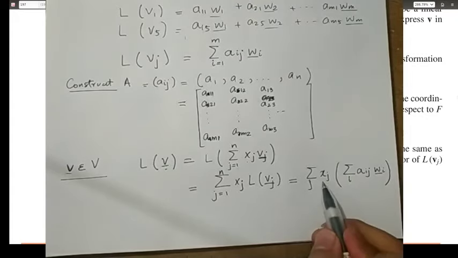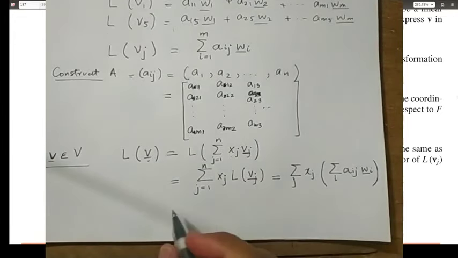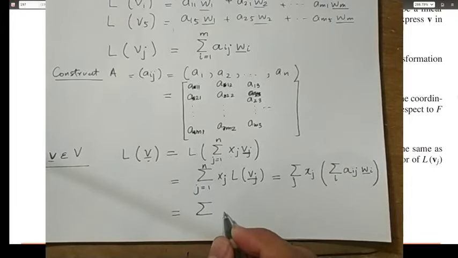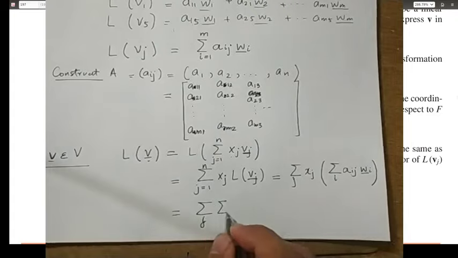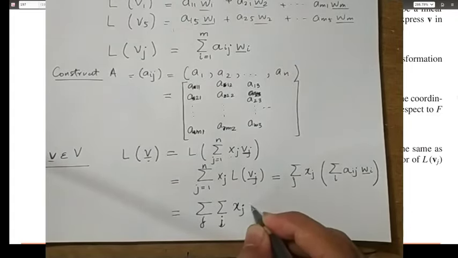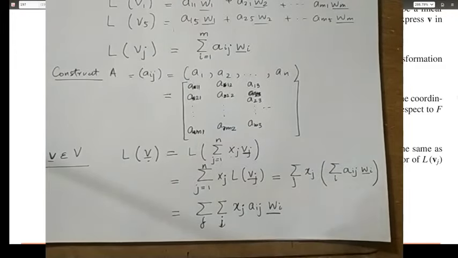So these are scalars, these are scalars, these are vectors. And since we have scalars, we can rewrite it as summation j, summation i of xj Aij Wi, right?